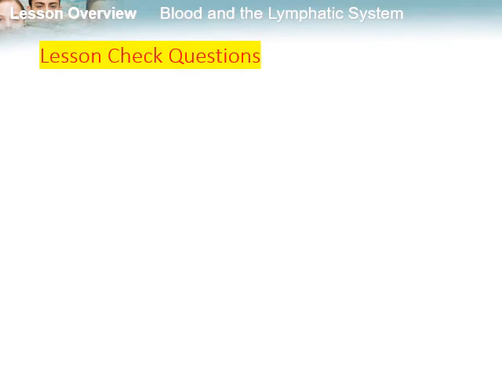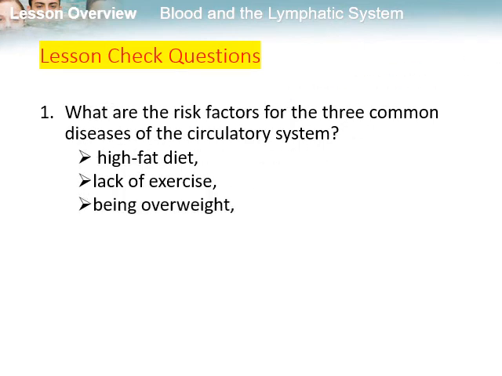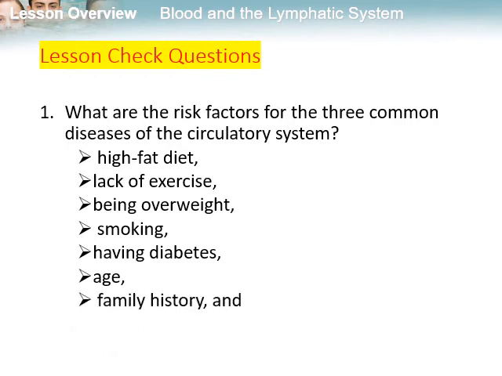Let's conclude today's lesson by answering the following lesson check questions. Question number 1. What are the risk factors for the 3 common diseases of the circulatory system? The risk factors for the 3 common diseases of the circulatory system are high-fat diet, lack of exercise, being overweight, smoking, having diabetes, age, family history, and gender.